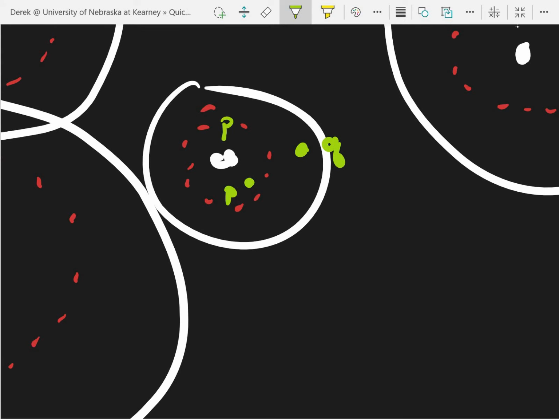There's going to be a P star, which is close to P because there's going to be a red circle that contains P. And this P star is going to be this point right here in the middle of the red circle. Okay. And that red circle is going to have a R over 2 radius.